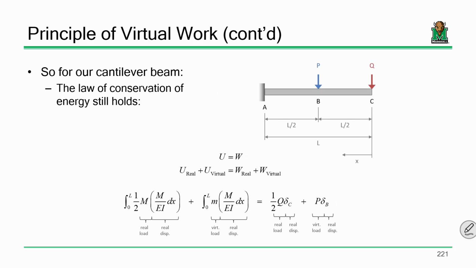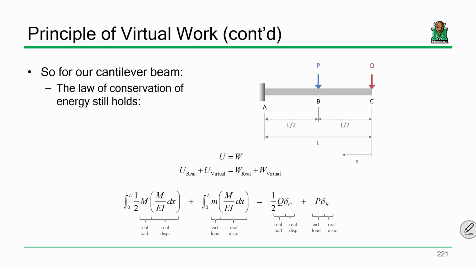So I want to take a little bit of time and digest what's going on in this slide. First off, the top line, U equals W: the stored energy inside this system must equal the external work done. That's just the law of conservation of energy. I don't care what's going on.